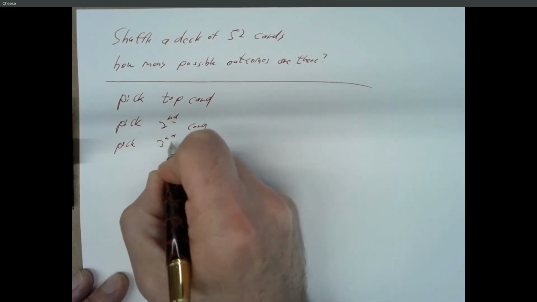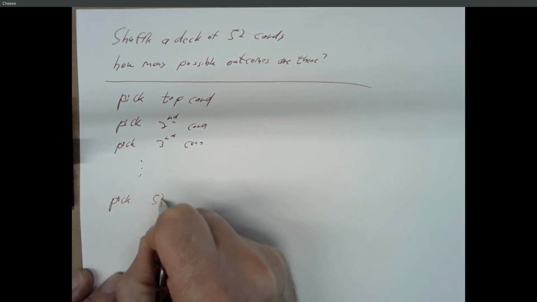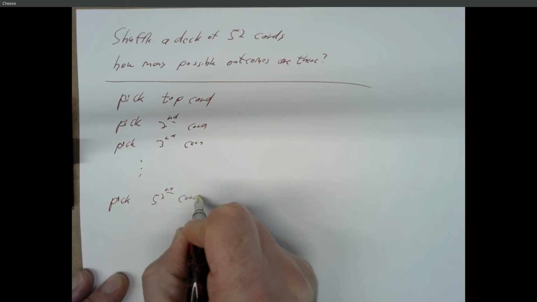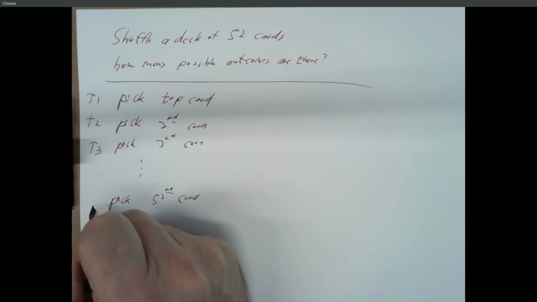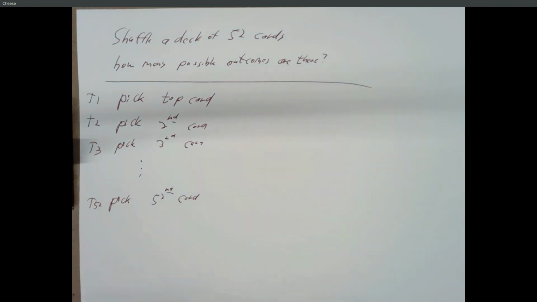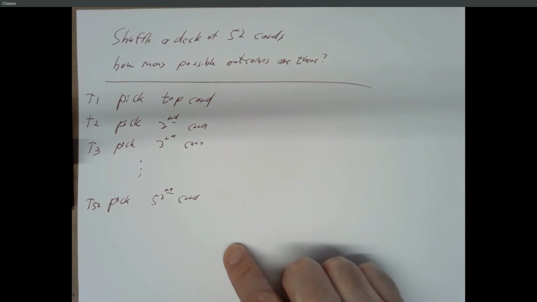Pick the third card. And so on, and at the end pick the 52nd card. So these are subtasks T1 through T52. And to come up with some arrangement of cards in this deck, all we have to do is figure out which card's on top, which one's next, which one's next, which one's on the bottom. So 52 subtasks.